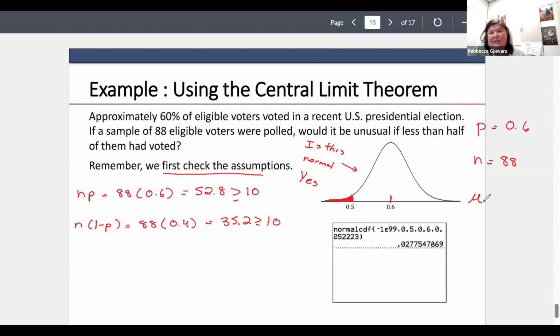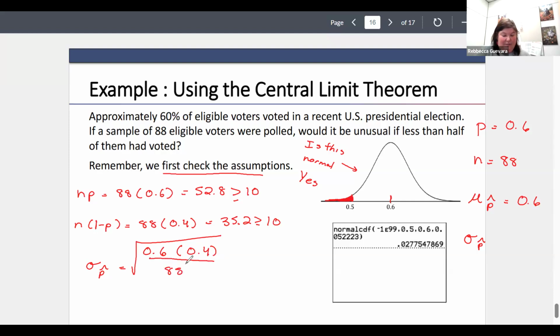So we need to have the mean and the standard deviation of my distribution. The mean is going to be the same as the sample proportion, or sorry, as the population proportion, so 0.6. The standard deviation, we'll find over here. That's going to be the square root of the population proportion, 0.6, times 1 minus 0.6, so 0.4, divided by the sample size of 88.